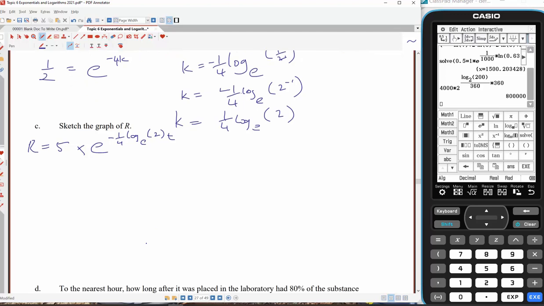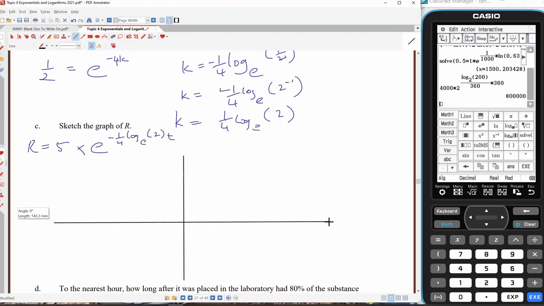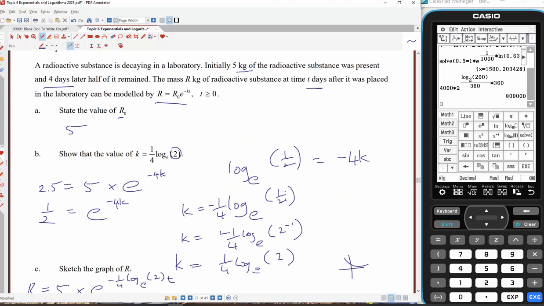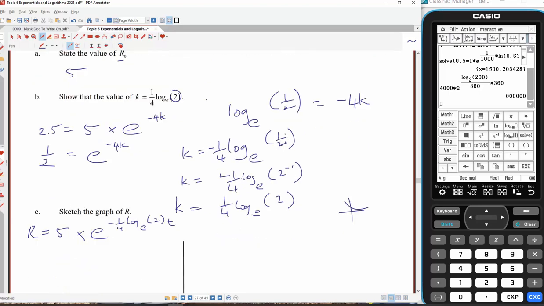Alright, so how do you sketch this thing? First of all, it's important to note that what we've got on our hands is a decay graph. Decay graphs go like this. We've also got a domain restriction, t is greater than or equal to 0.